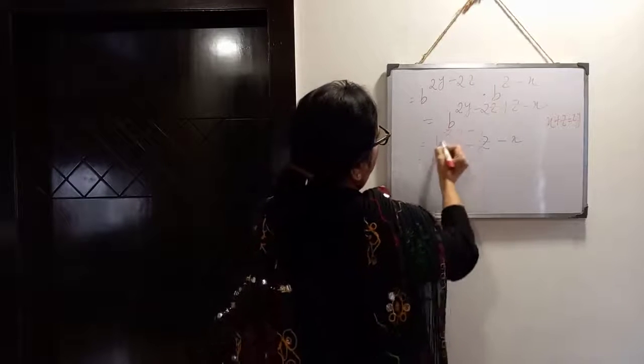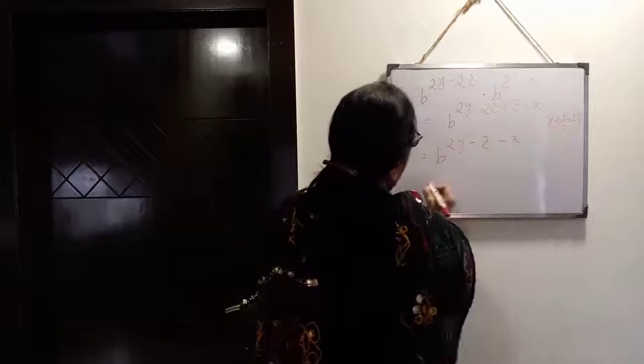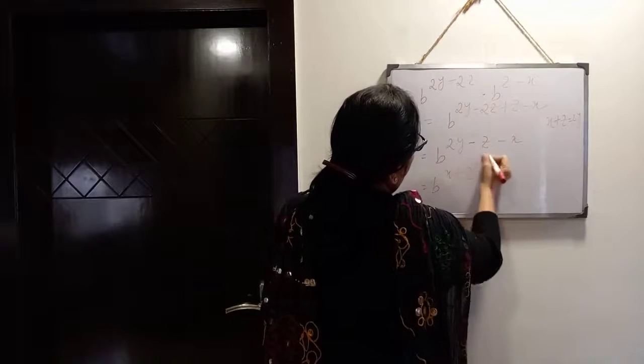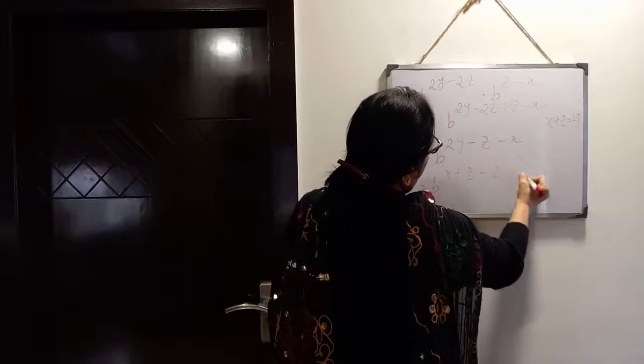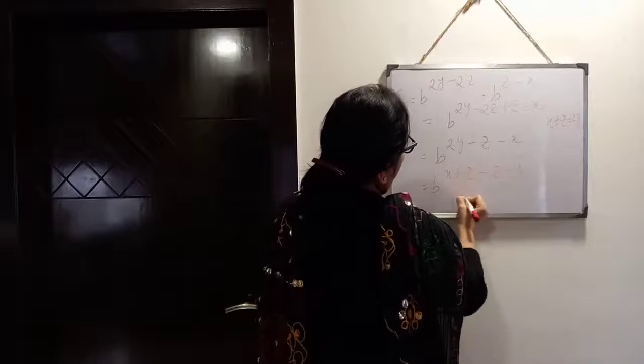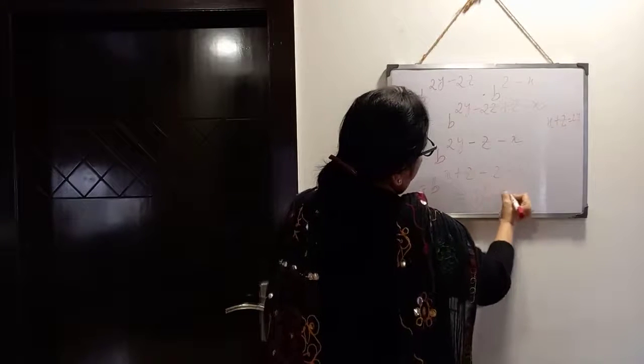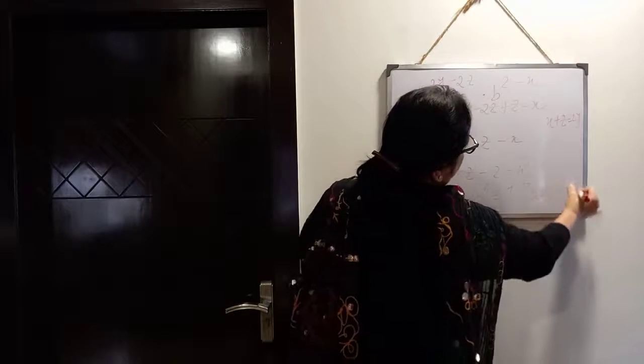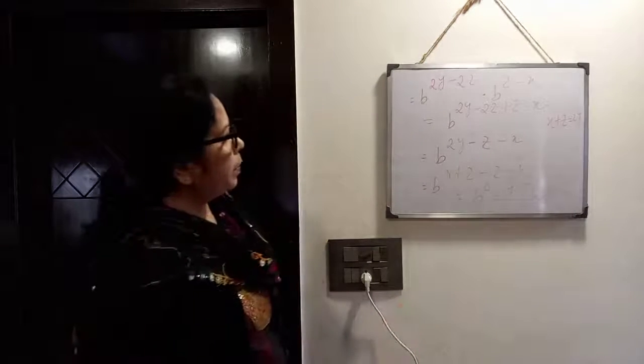Clear? Now 2y equals what we can write? x plus z. So this equal to, we can write x plus z, and there is minus z minus x. Now cancel everything. It is coming b to the power 0. Its value is 1. So we have got the right hand side. Clear? So this sum you will practice properly. Okay.